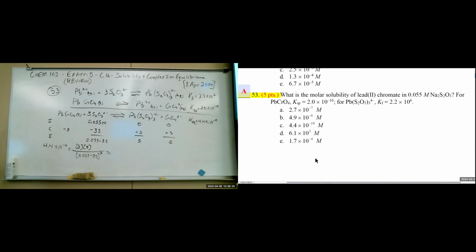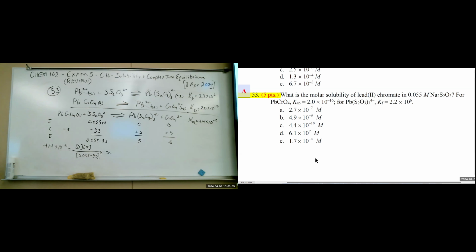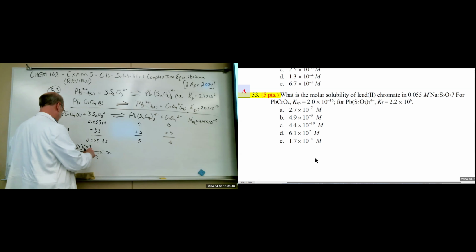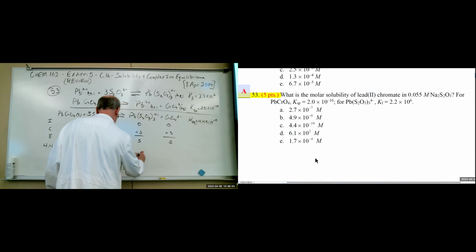Now, can we say that this one is going to be so small it's insignificant compared to 0.055? Yes. So that means this is s squared divided by 0.055 cubed.